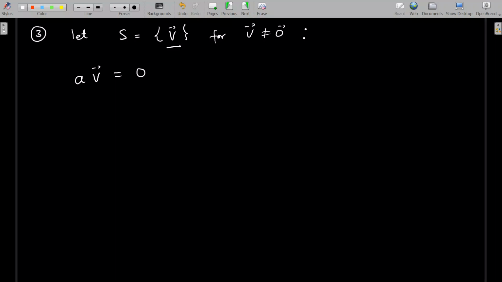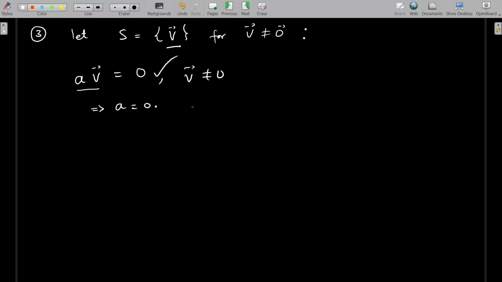Now you solve this equation. Notice that we know v is never 0. So the only possible way the product is 0, when one of the factors is never 0, is when a is equal to 0, because then the equation is satisfied.